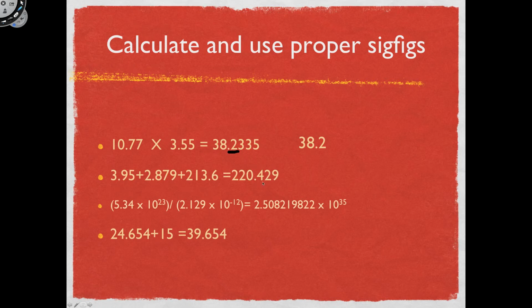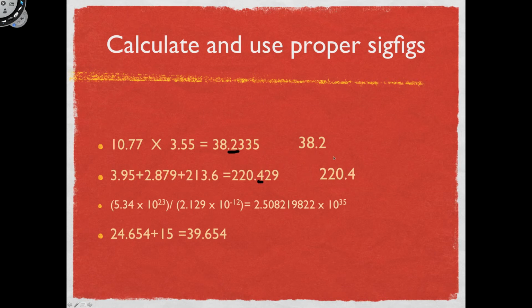So my 4 is the 1 place past the decimal. What's next to the 4? A 2, that's below 5. So what does the 4 do? The 4 stays a 4. And my final answer is 220.4.